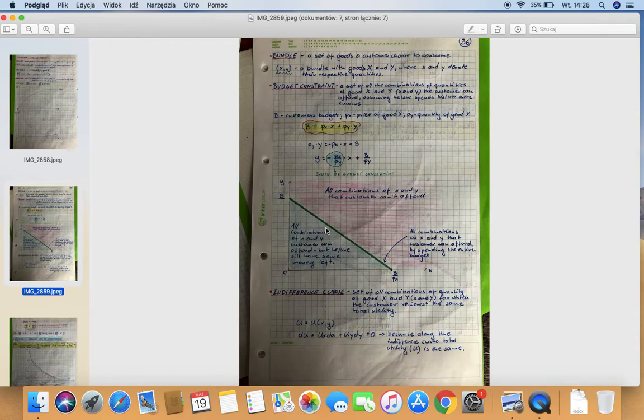Now, this graph actually tells us a little bit more. Everything above the green line are combinations of these two goods the customer cannot afford. He or she doesn't have enough money to purchase them.